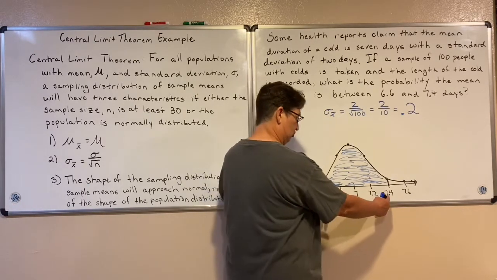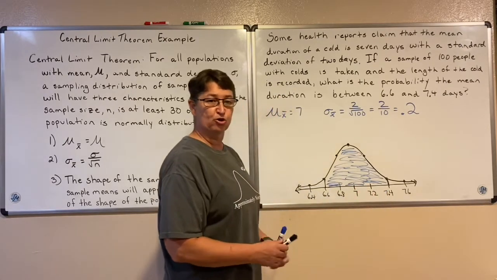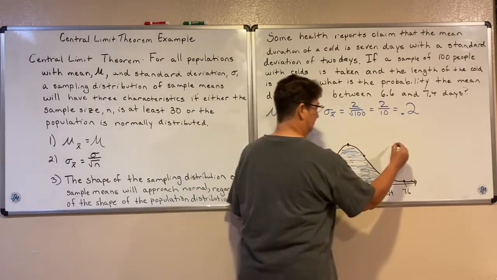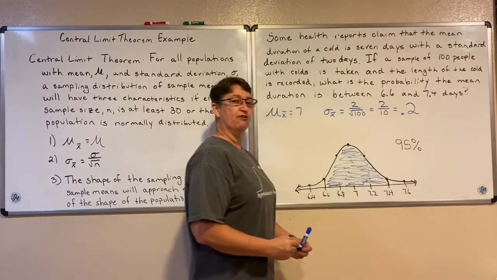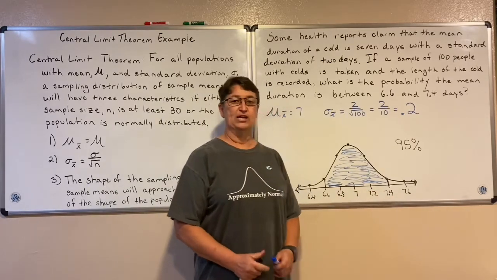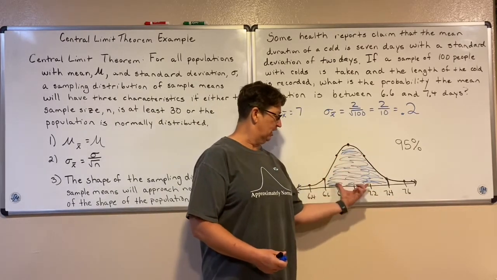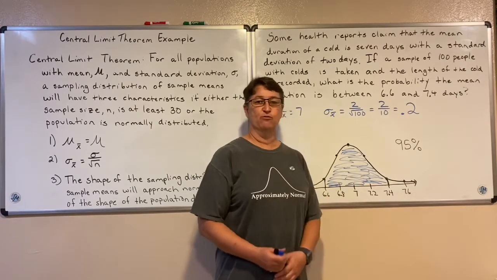So we've gone out 2 standard deviations, and we know from the empirical rule that 95% of my means will fall in that range, or 95% of the area underneath this curve is between 6.6 and 7.4.